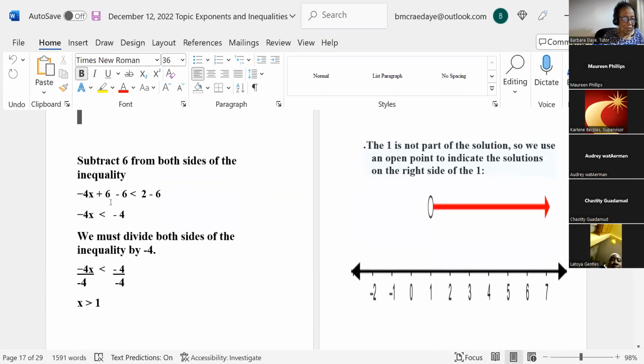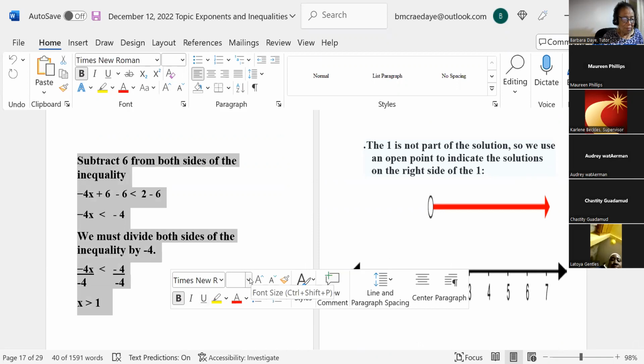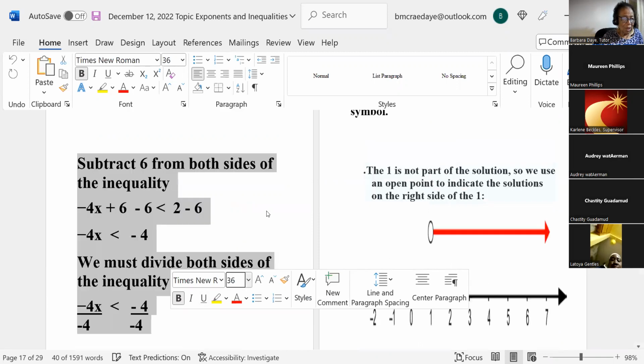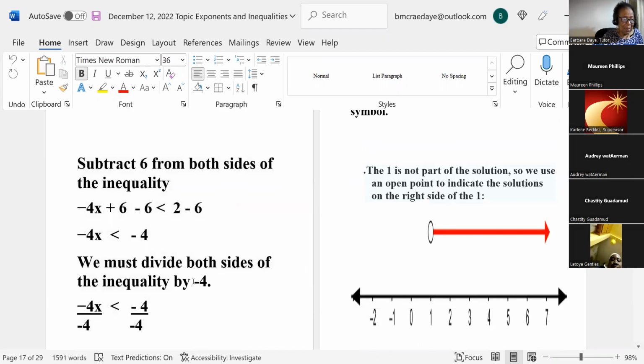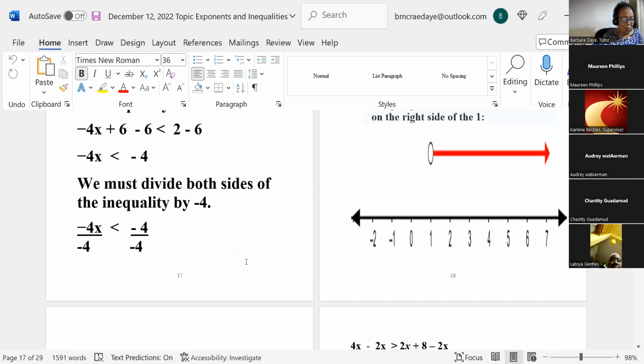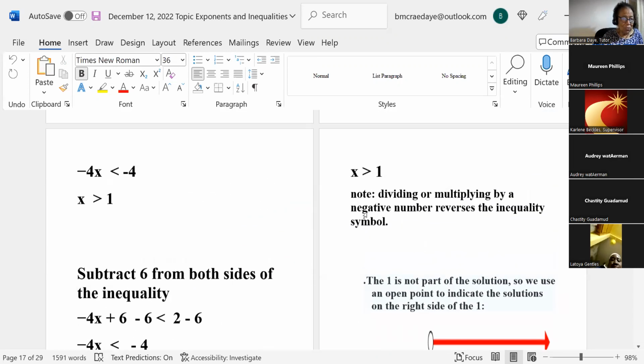Here's the solution right here. It's what you did. You subtracted the 6. You got your -4. Divide both sides of the inequality by the -4. But when you divide by the -4, you see, multiplying or dividing by a negative number reverses the inequality symbol.